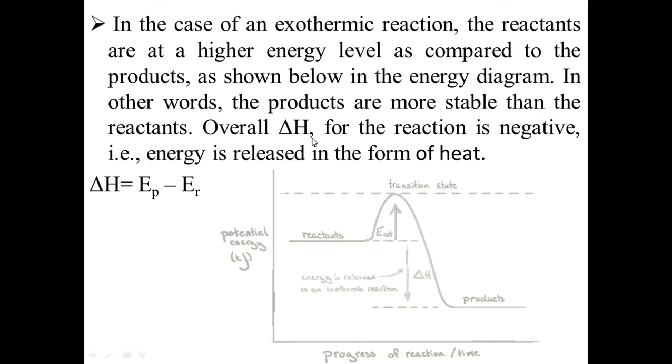The overall change in enthalpy, delta H, for the reaction is negative. That is, energy is released in the form of heat. This is the energy diagram of an exothermic reaction.